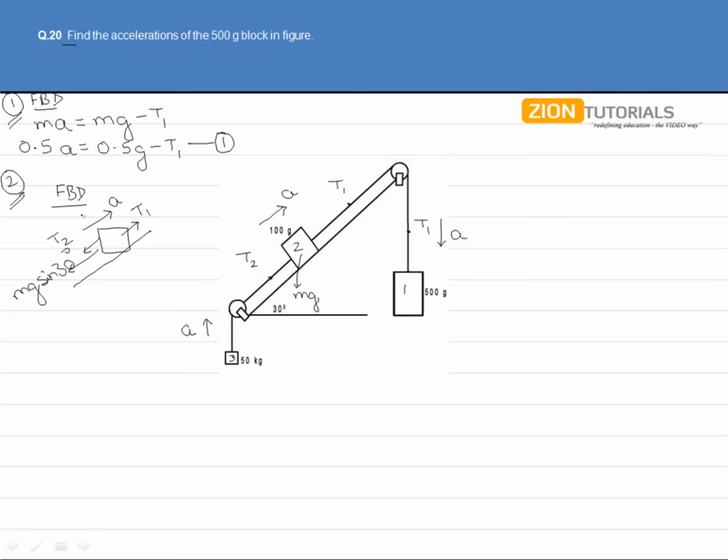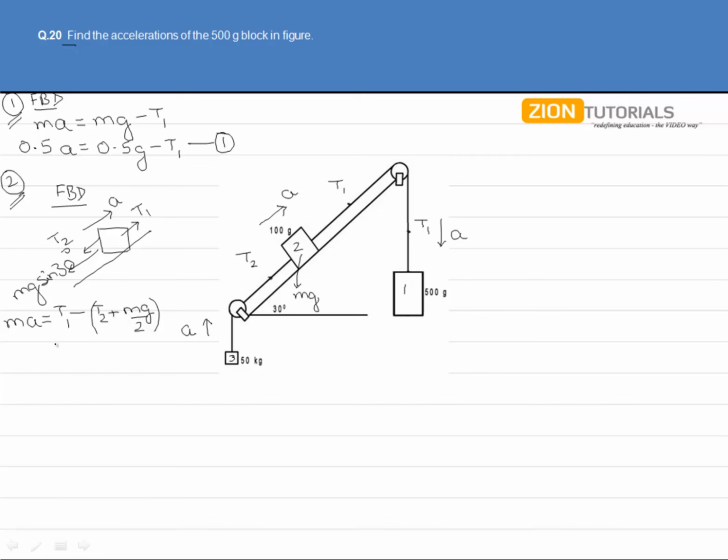We are not mentioning here the normal and the other component of mg because we don't need that. Now, framing the equation for the same, we can say mass into acceleration equals total force in the direction of acceleration, that is T1, minus total force in the direction opposite to that, that is T2 and mg by 2.